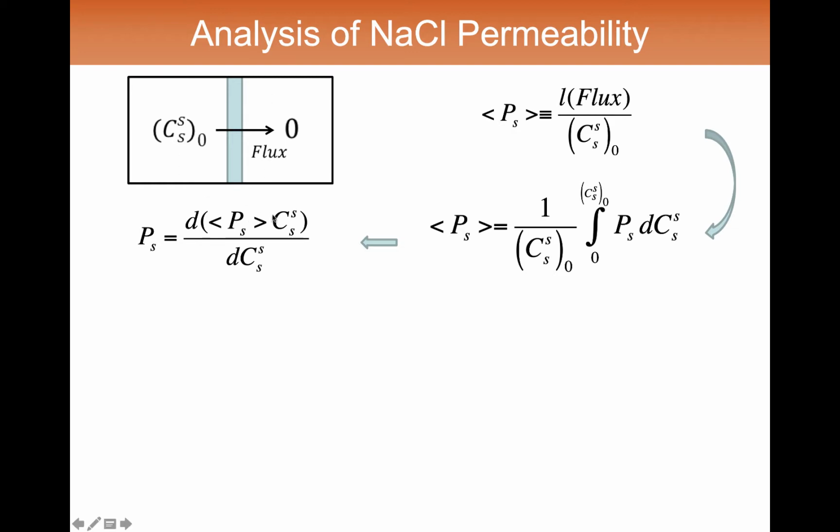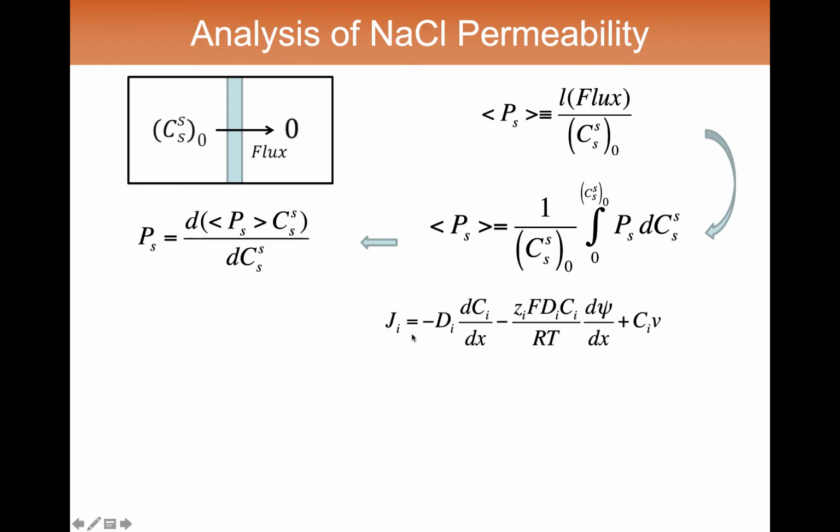So we take our average salt permeability data that we get out of this experiment, multiply it by the upstream salt concentration, plot that versus salt concentration, and take the slope of the resulting line, and that will give us the salt permeability coefficient at any local salt concentration, and we'll call this the local salt permeability coefficient.